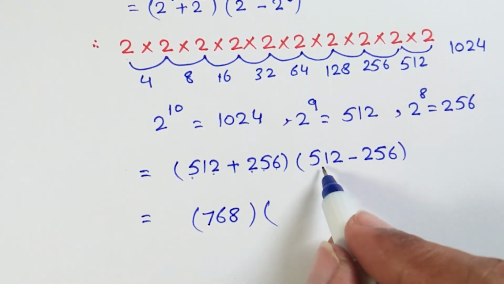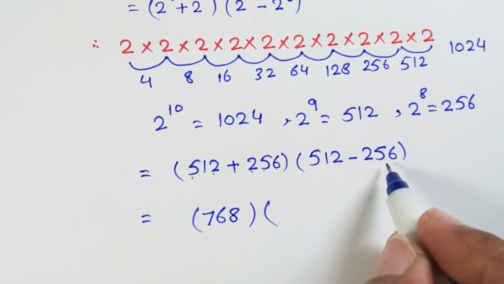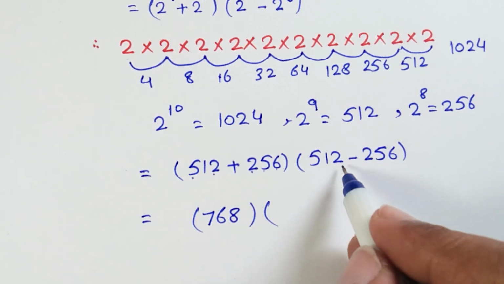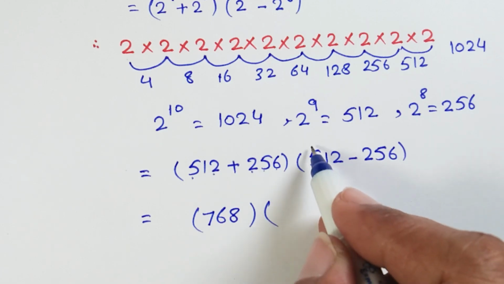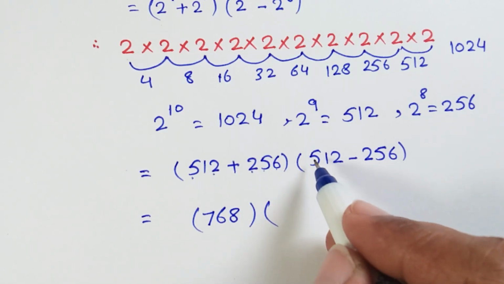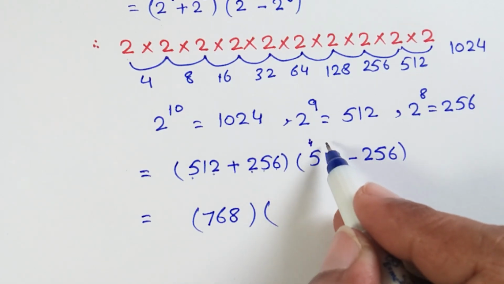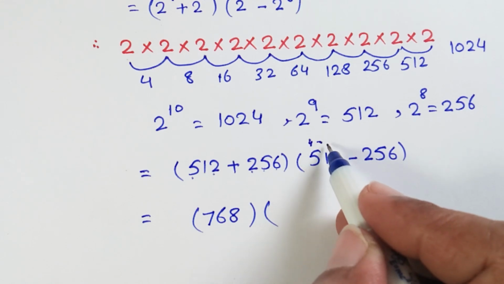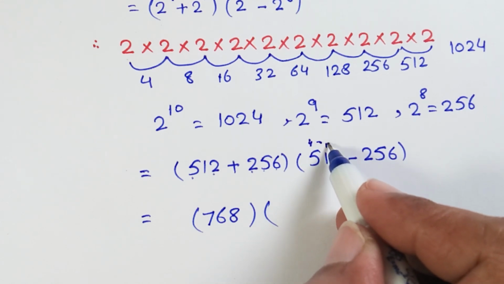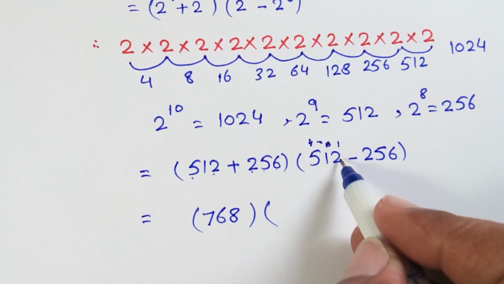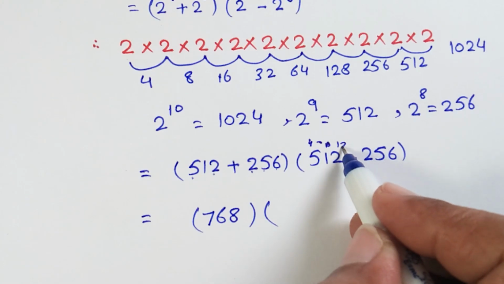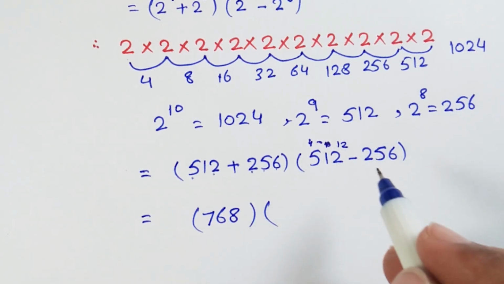So now here we will subtract 512 minus 256. Here 2 is less than 6, so we will take a carry from 1. Here 0 is left, and it will give 1, 1 is 11, and 11 will give one number to 2, so it will become 12, and here 0 is left.